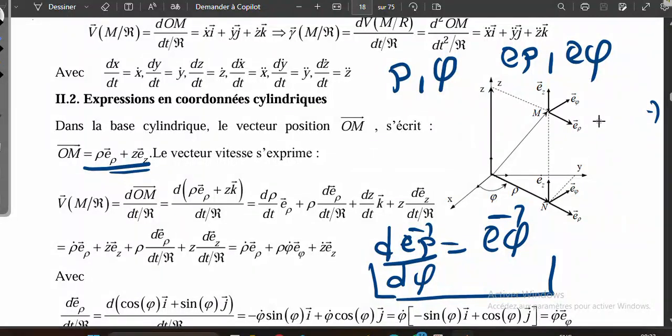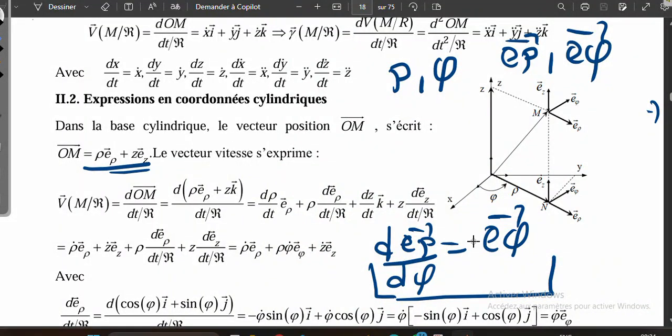These two unit vectors are perpendicular to each other. So if these two vectors are perpendicular to each other, you just need to know the parameters that you'll be working with: the derivative of one with respect to the phi, which rho is associated with, is equal to e phi.